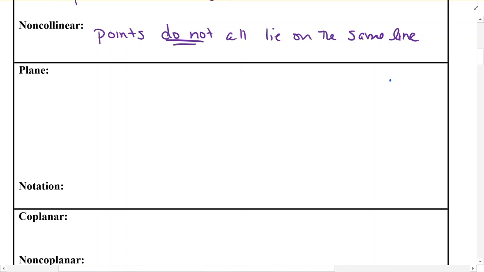A plane is a flat surface, such as your piece of paper, or a tabletop, or the floor. It extends infinitely in all directions.